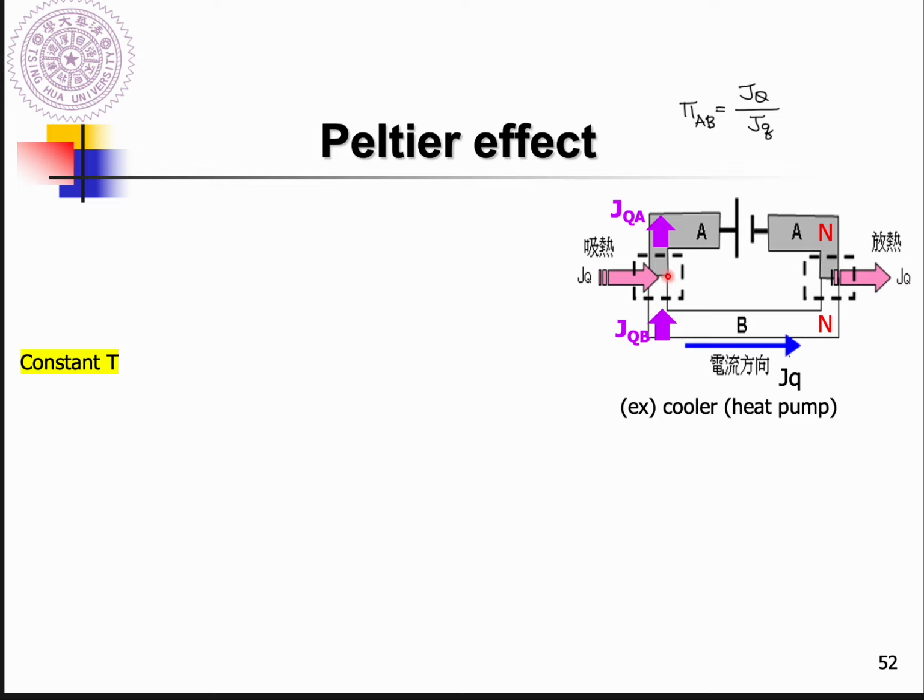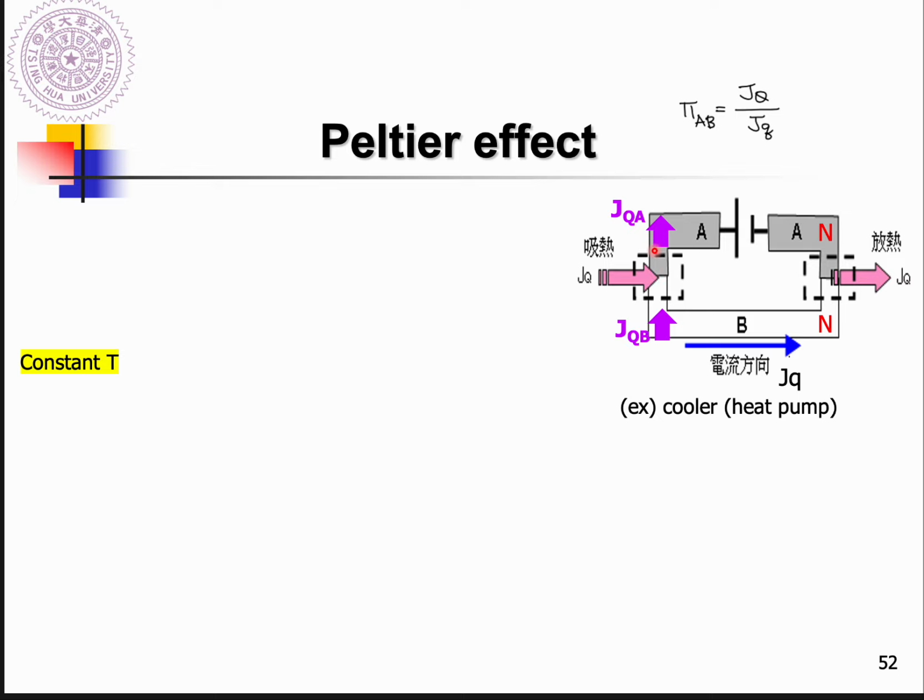So if we look at these junctions, the reason we need to identify J_QA and J_QB is we want to know how to get J_Q, the heat. So we focus on these junctions. How much heat flows in should equal how much heat flows out at this junction, right?